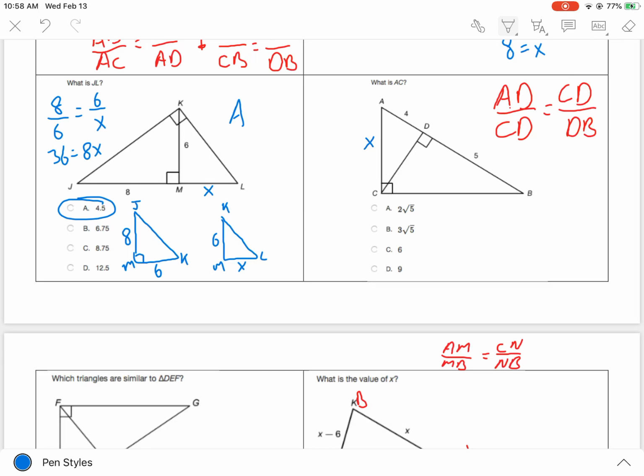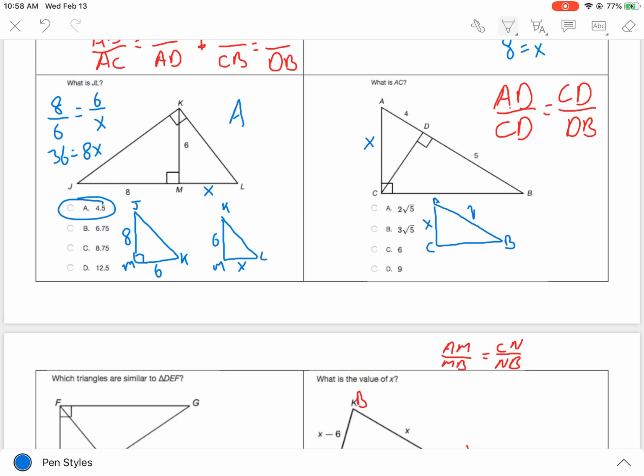So we have a leg, a hypotenuse. So what if we did the big triangle, which would be ACB.